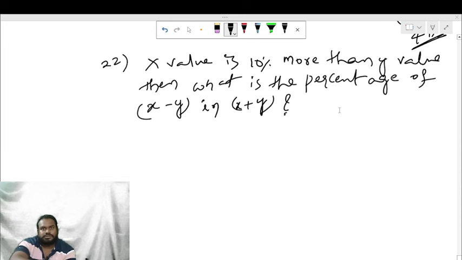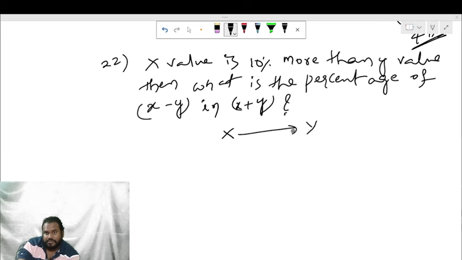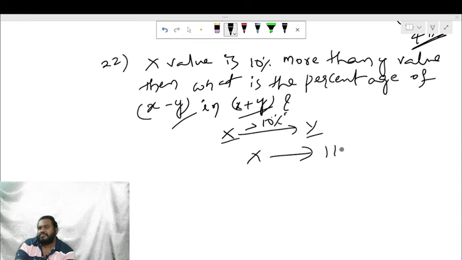See the next question. X value is 10% more than Y value. Then what is the percentage of X minus Y in X plus Y, is what is asked. So it is telling X is 10% more than Y. You assume X as 110% and Y as 100%.